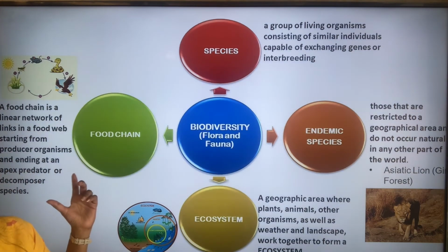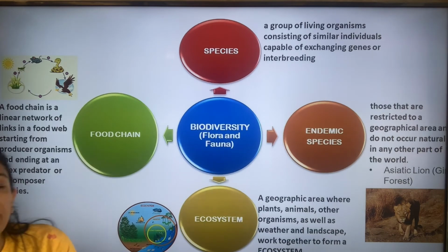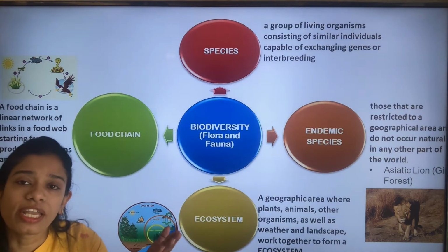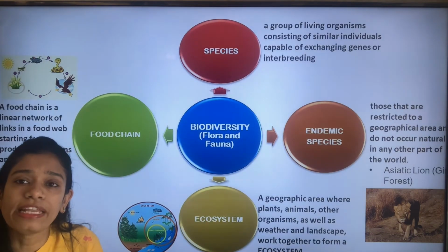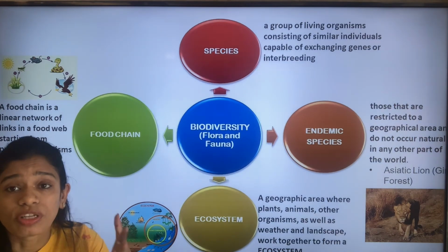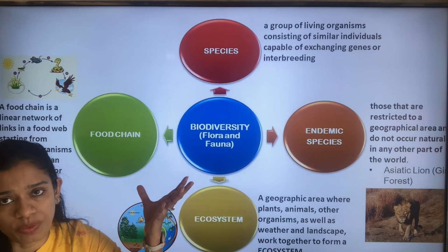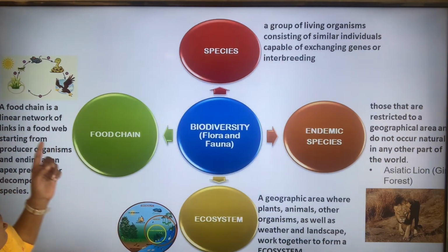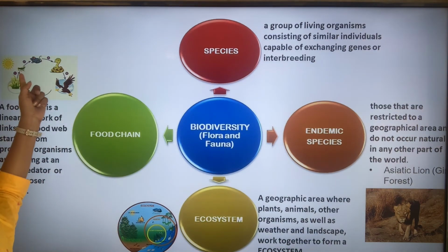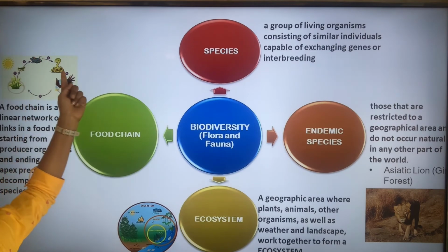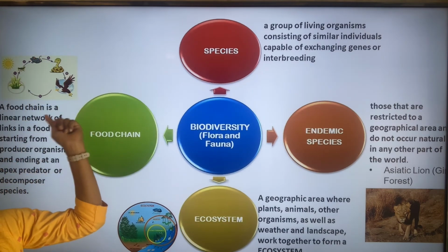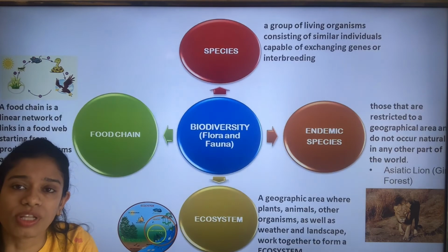And food chain. A food chain is a linear network starting with the producer and finally reaching the decomposer or the highest predator, which exists at the top of the food chain. So it starts with the producer, followed by a grasshopper, a mouse, a snake, a vulture, and it goes on back to the producers.